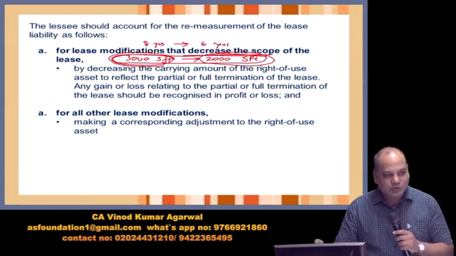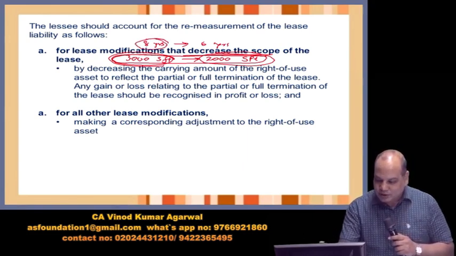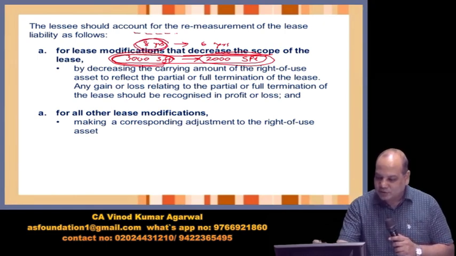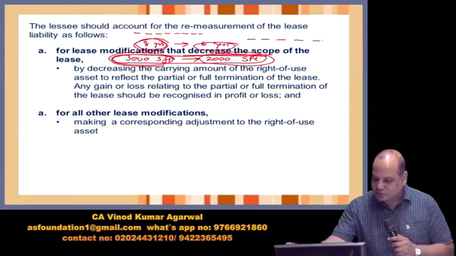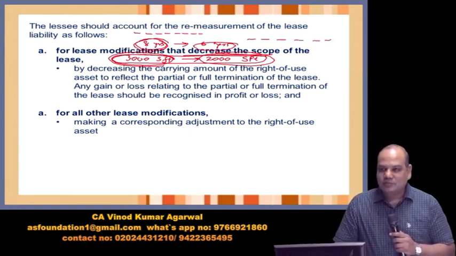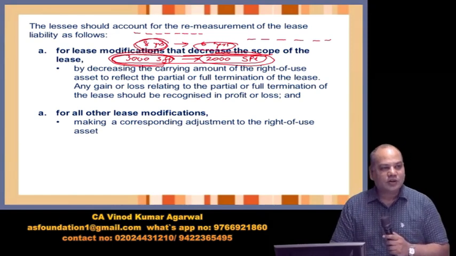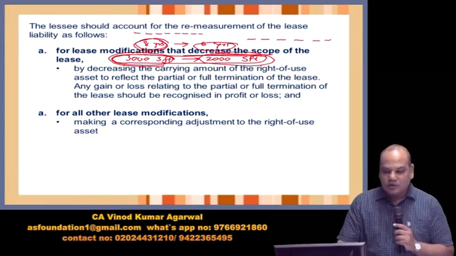At least some amount will be lower. If it was 8 years, you are going to pay the consideration for 8 years. Now you are going to pay consideration only for 6 years. So then also the chances are that your lease liability will decrease.